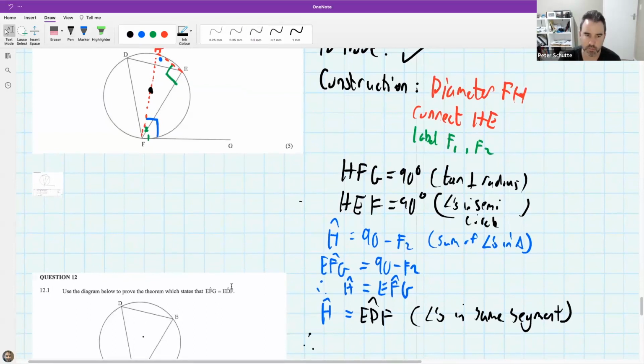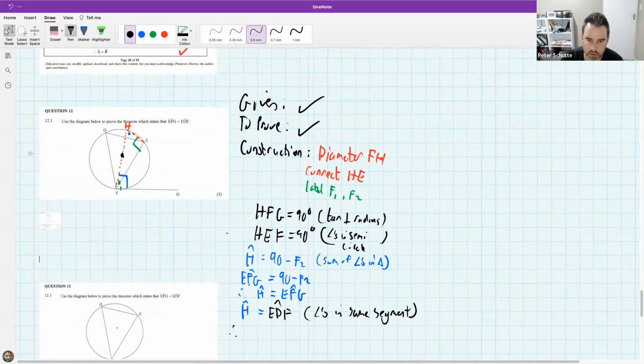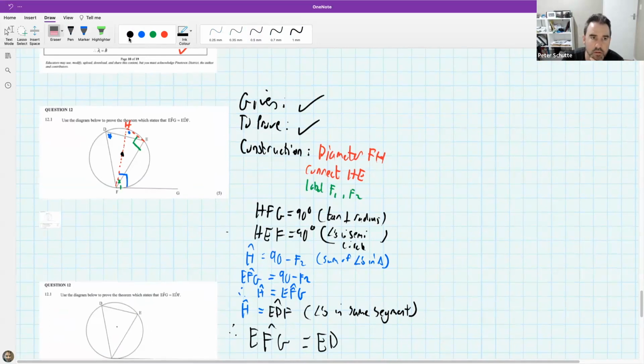Let me just finish off now. Therefore, EFG is equal to EDF. And the reason is that you've got these three things that are equal to each other that you proved along the way. So that one is equal to that one, and that one's equal to that one.